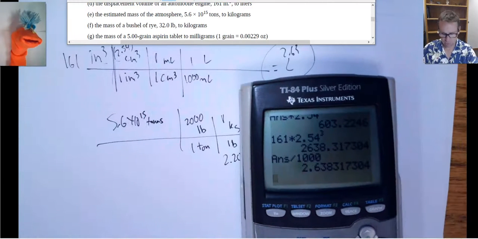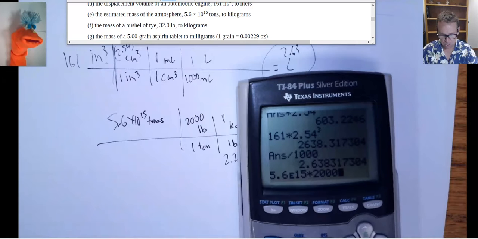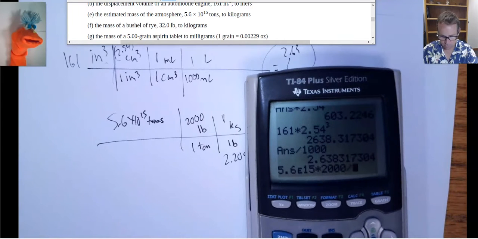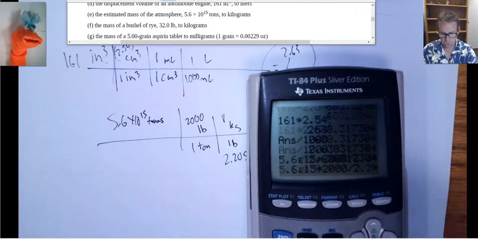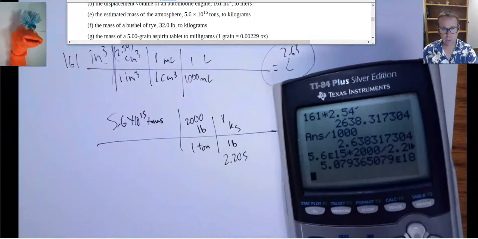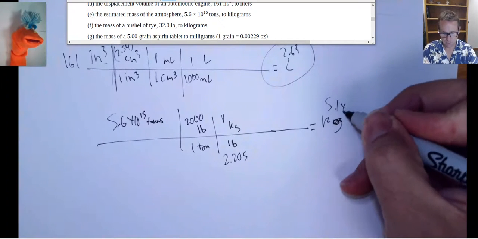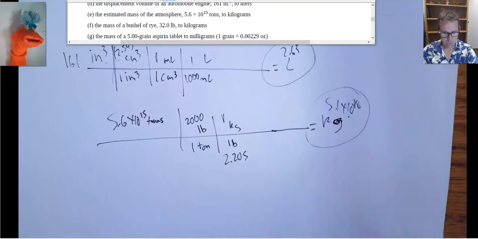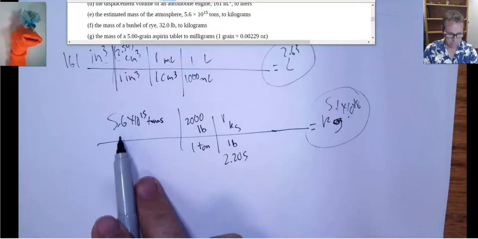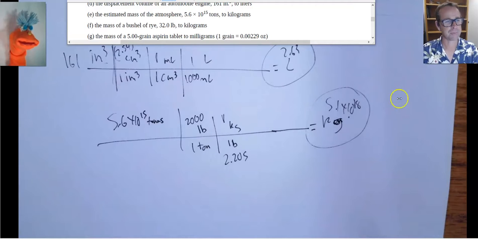Okay, so we got 5.6 times 10 to the 15 tons times 2,000 divided by 2.205. And that 2.205 should be plenty of significant figures to make sure we have our answer in two significant figures. 5.1 times 10 to the 18 kilograms. That's how many kilograms there are in 5.6 times 10 to the 15 tons.